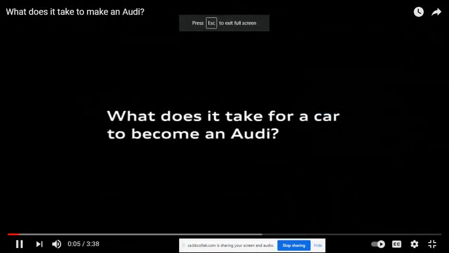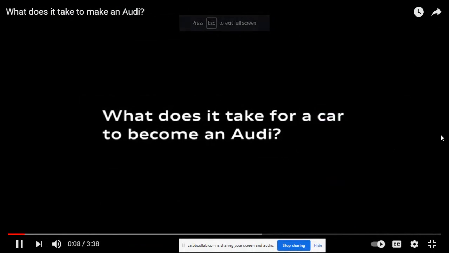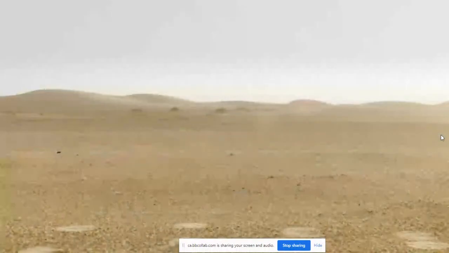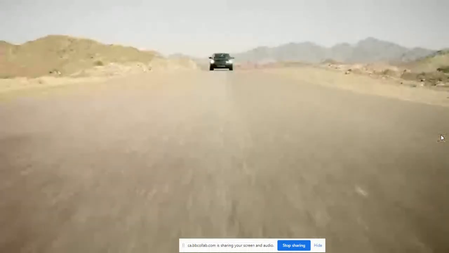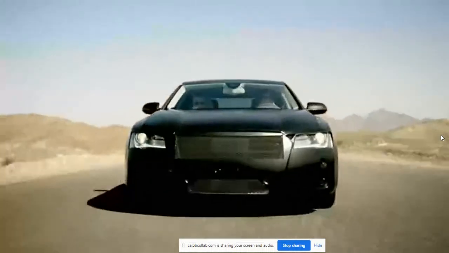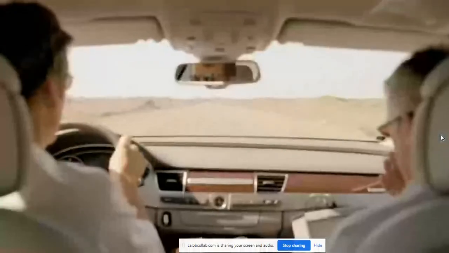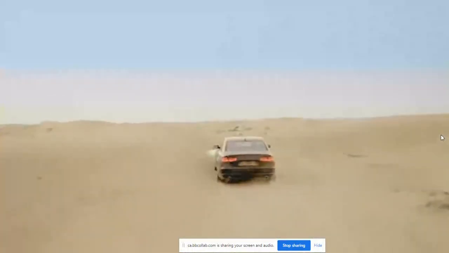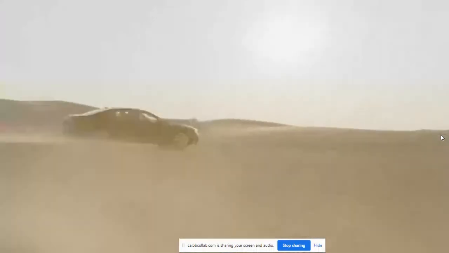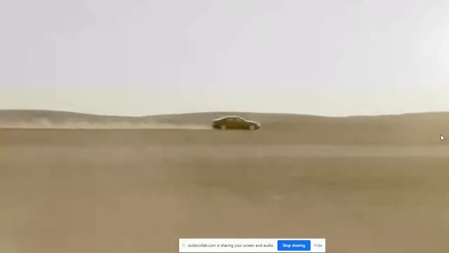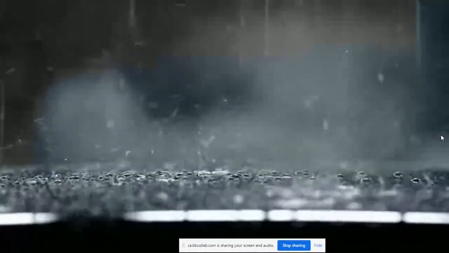What does it take for a car to become an Audi? It takes determination that knows no limits. It takes 2.5 million test kilometers a year. Searing heat, torrential rain, 300 kilometer per hour wind.